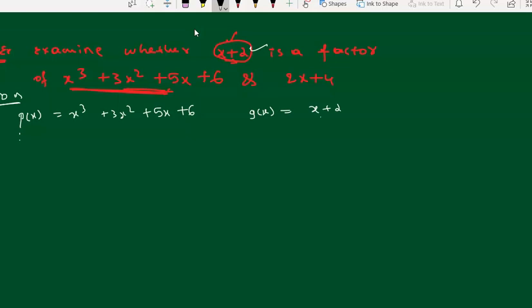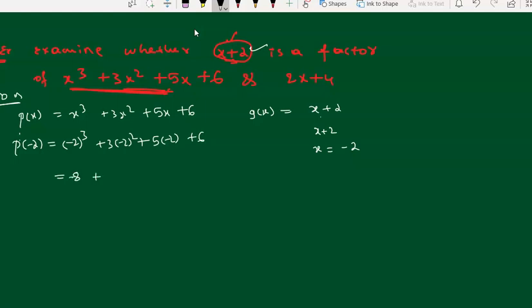To find out p of a, I have to find out the value of a. That is x plus 2 equals 0, so it's minus 2. So that means p of minus 2: place minus 2 in x values, minus 2 cube plus 3 into minus 2 whole square plus 5 into minus 2 plus 6. So it is minus 8.